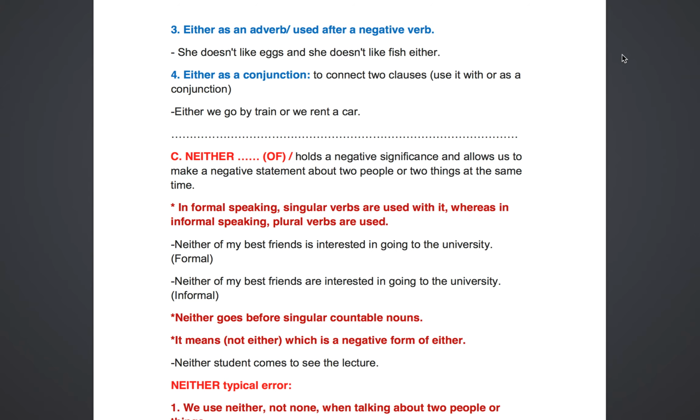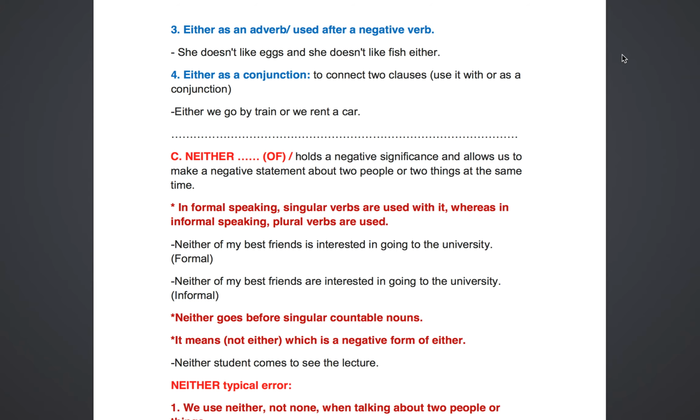Either can also be a conjunction used to link two things together, to connect two clauses. This is mostly used with or as a conjunction. Either we go by train or we rent a car. Here we have two clauses. How do we know it's a conjunction? It's a conjunction because we have two clauses that both have their subject and their verb.